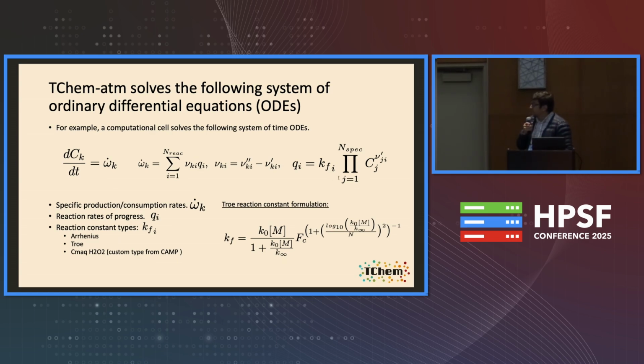I don't know if you can see my cursor, where this constant right here is the reaction constant, and this is one of the typical reaction constants. So what our code does is take different expressions for these reaction constants and construct these right-hand sides.